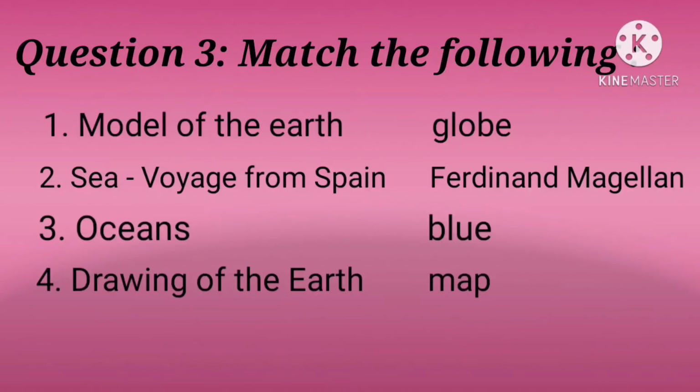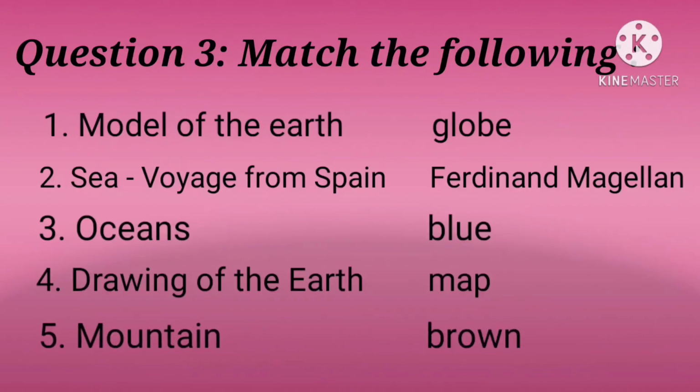And the correct answer is map. Now see the fifth one. Fifth is mountain and the mountain is of brown color. So what is the answer? The answer is brown.